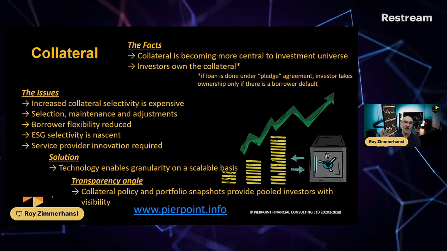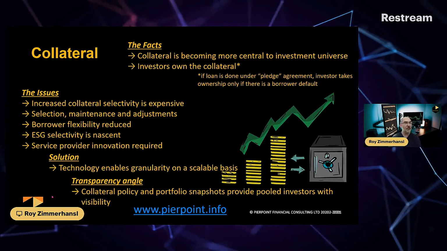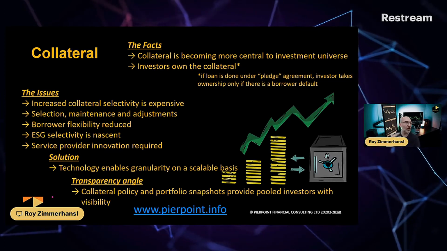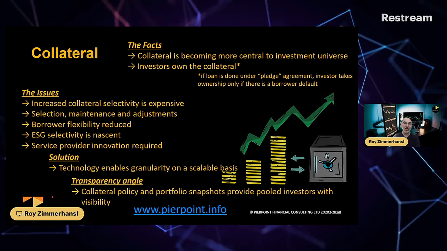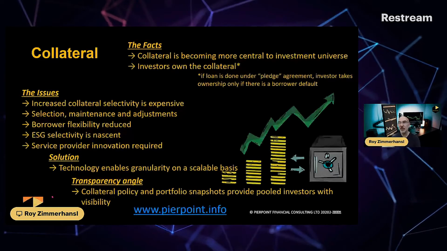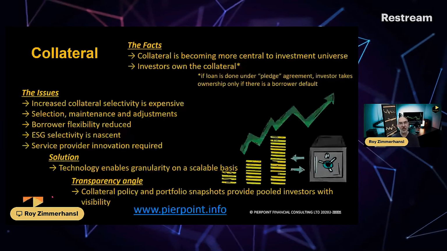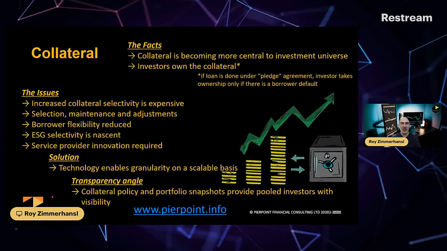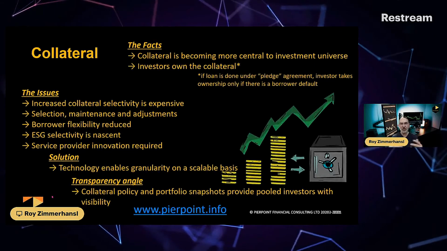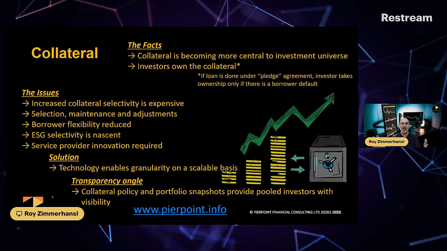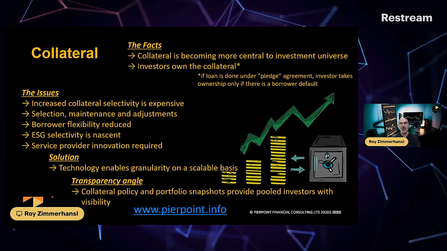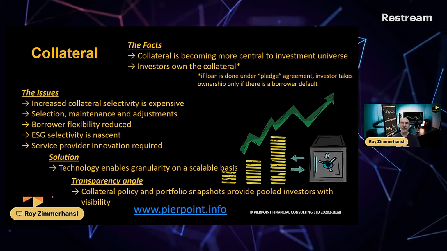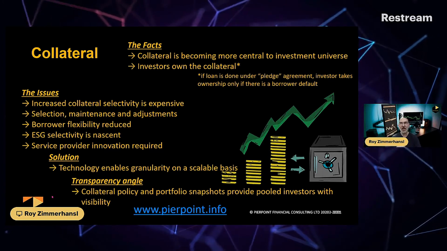So that was just cash clearing activity. If you look at securities lending, if you look at repo, if you look at derivatives, whether they're cleared derivatives or bilateral uncleared derivatives, collateral is all over the place. Add in things like collateralized reinsurance. I mentioned repo. Everything is becoming collateralized these days. And so collateral is central to the investment landscape.